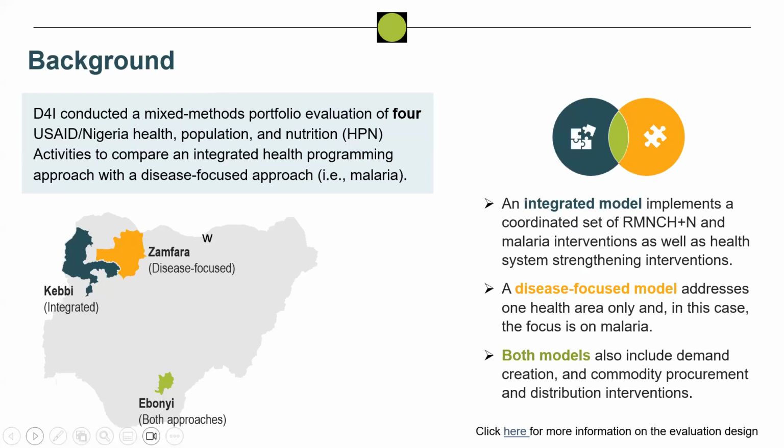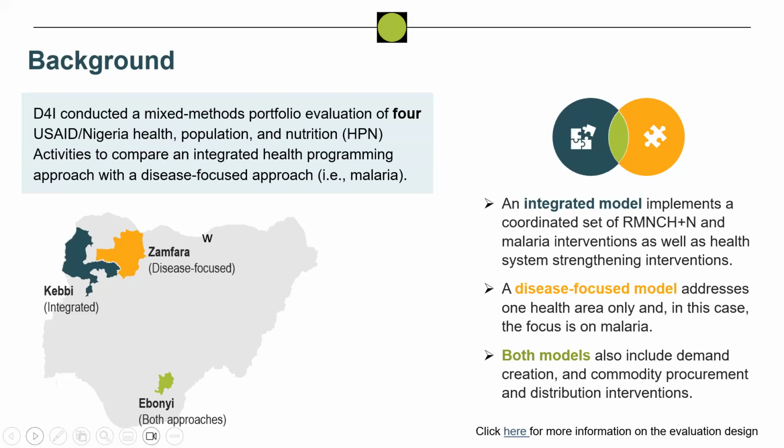I'm going to start off with a little bit of background on the evaluation that was conducted in Nigeria. Data for Impact conducted an outcome evaluation of 4 USAID Nigeria health population nutrition activities with a focus on comparing the strengths and challenges of an integrated health programming approach with a disease-focused approach, in this case focused on malaria.